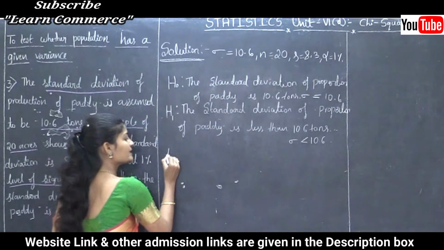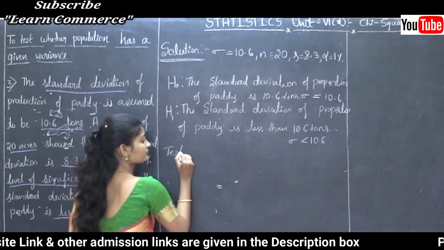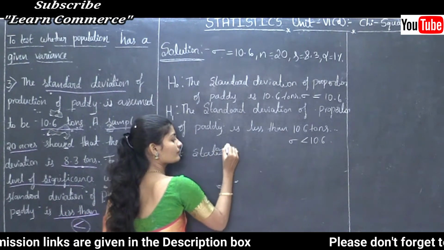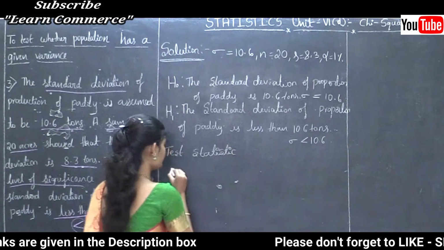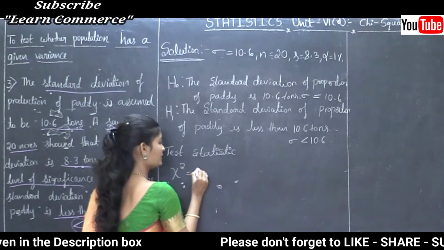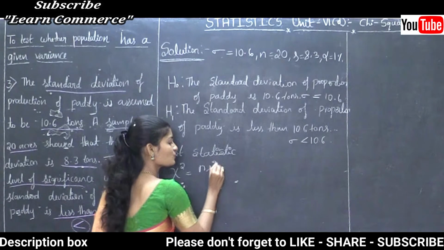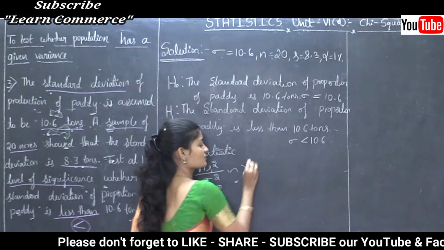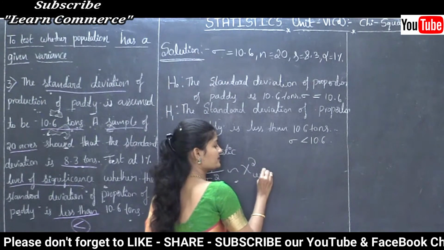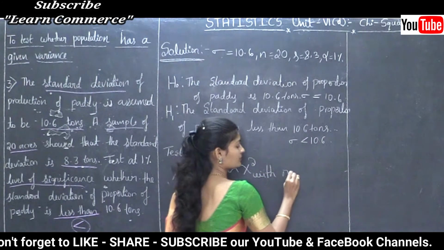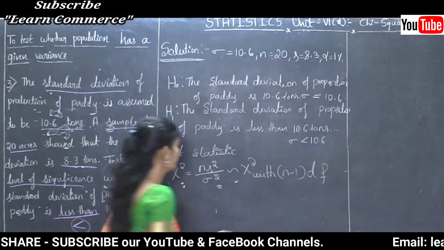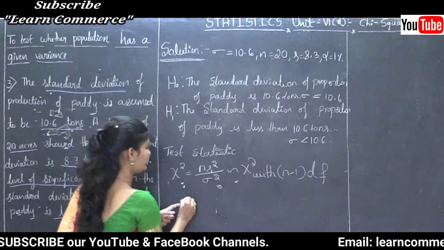Then step 3 is the test statistic. That is chi square is equal to n into s square divided by sigma square, which follows chi square with n minus 1 degrees of freedom. Here the n value is 20.